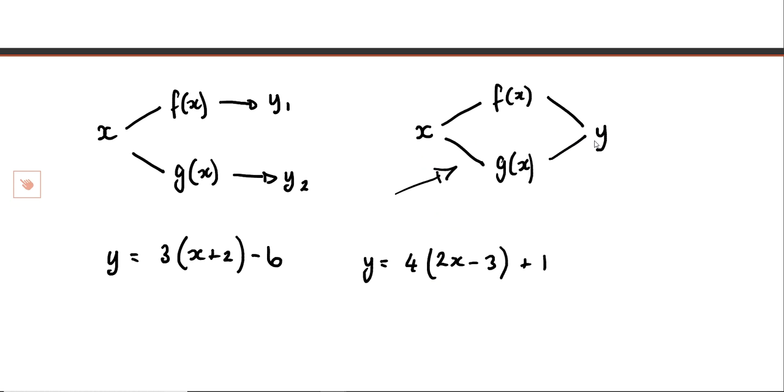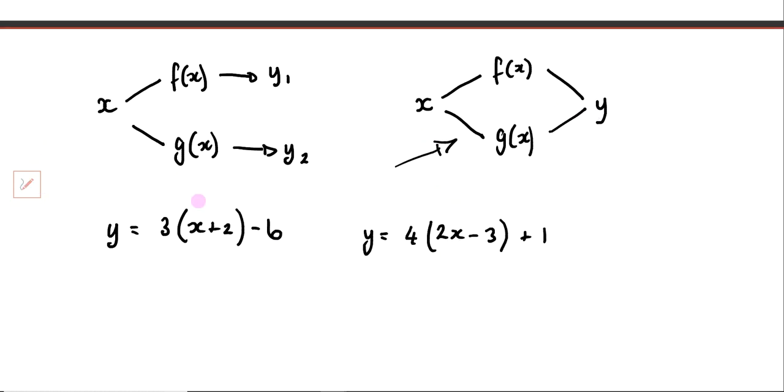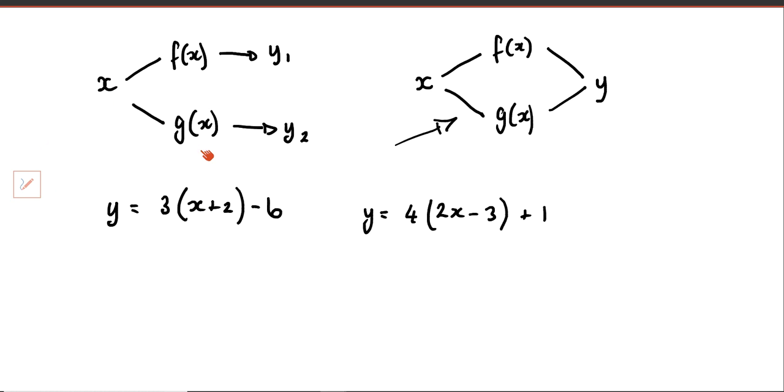So any ideas? Well, if we now understand what we're looking for, we can make certain conclusions, which is, well, what do I know about the y's? They're the same. So if this is the same as this, and this is the same as this, because that's what the equal signs mean, what's the other conclusion that can be made? The equations are the same.